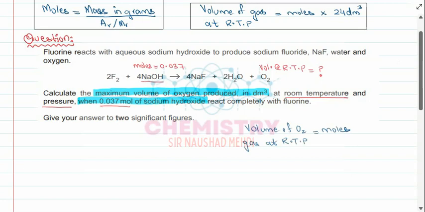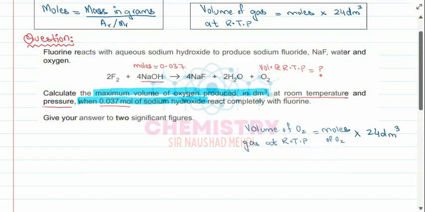I have to use the moles of oxygen gas. Whatever gas's volume is required, you have to use the moles of that particular gas. So here you have to use the moles of oxygen gas and multiply those moles by 24 dm³. So you have to use this formula.